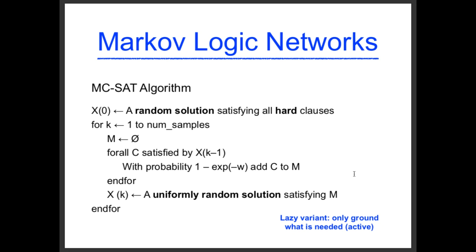Again, you have a parameter which is the number of samples, and you loop over this number of samples. At the beginning, you have to build a set M, which at the beginning is the empty set.